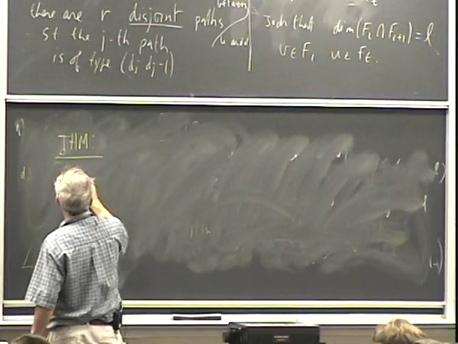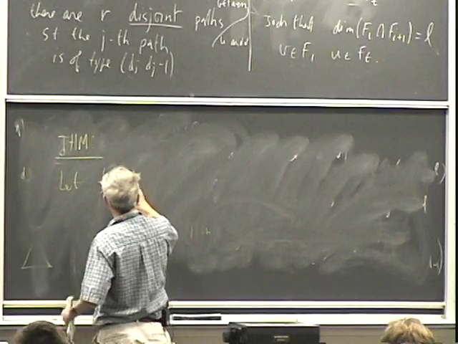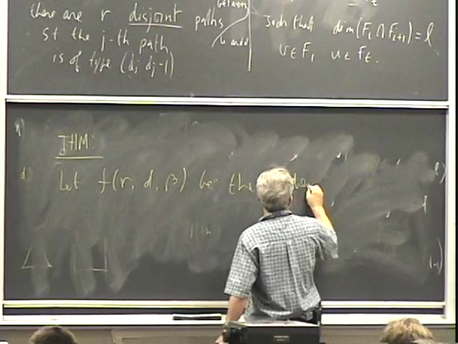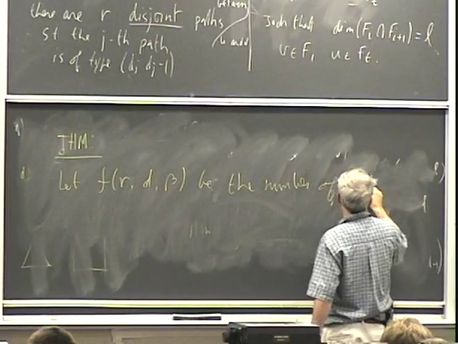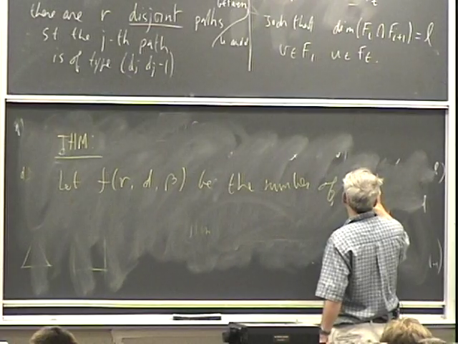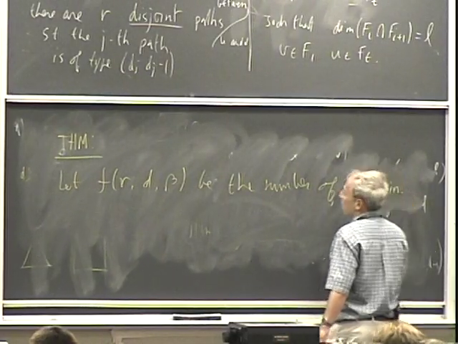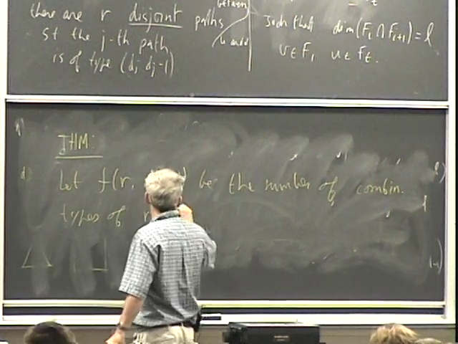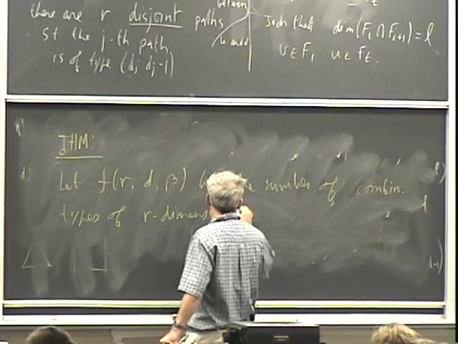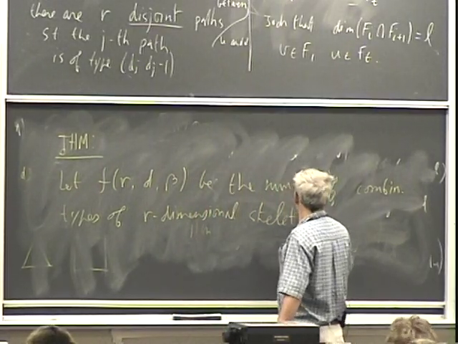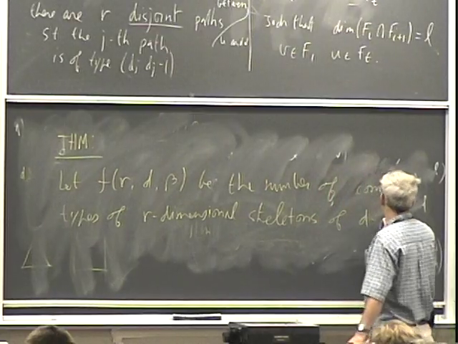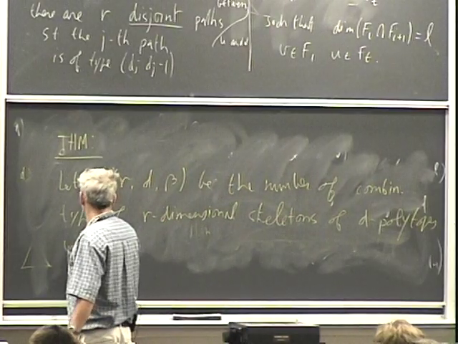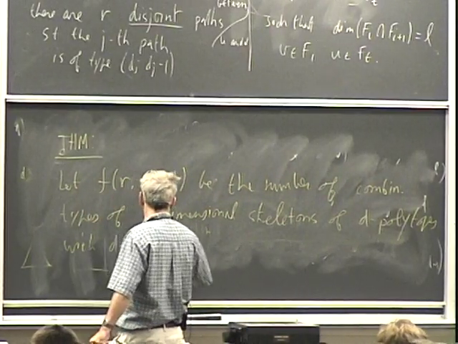Let f_r(d, beta) be the number of combinatorial types of r-dimensional skeletons of d-polytopes with d plus beta vertices.